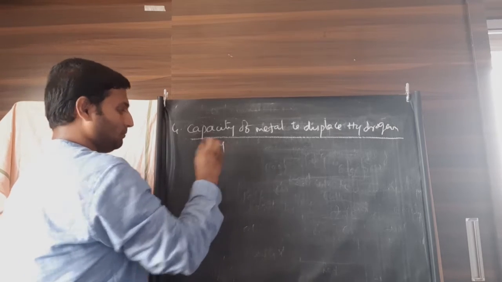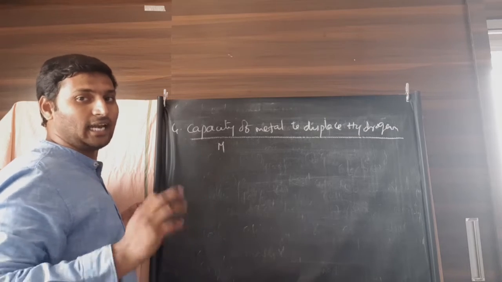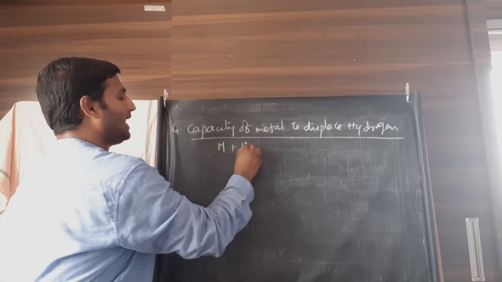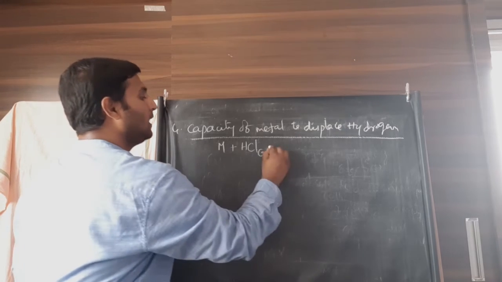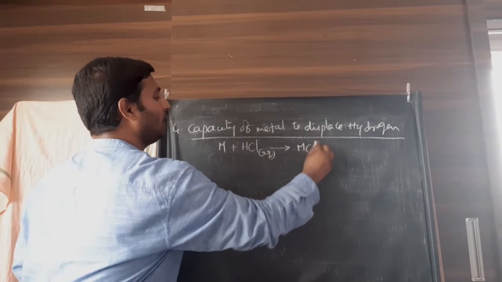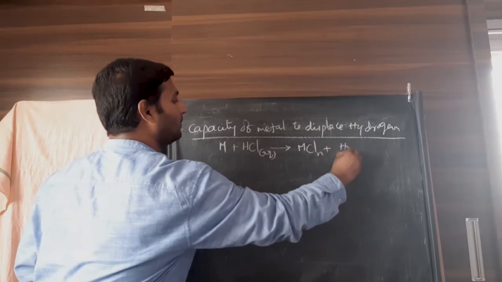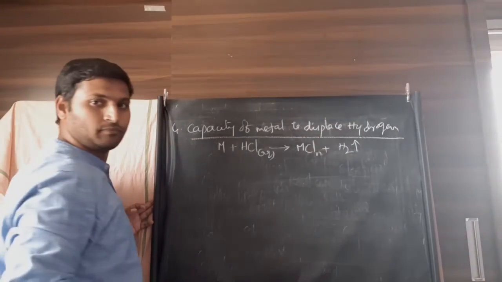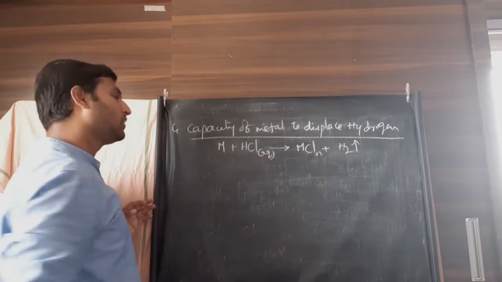Say there is a metal M, for example, whose valency is N, reacting with an aqueous solution of HCl. Then it will form a chloride called MClN and liberate hydrogen gas. Balancing, I am not worried about just now.